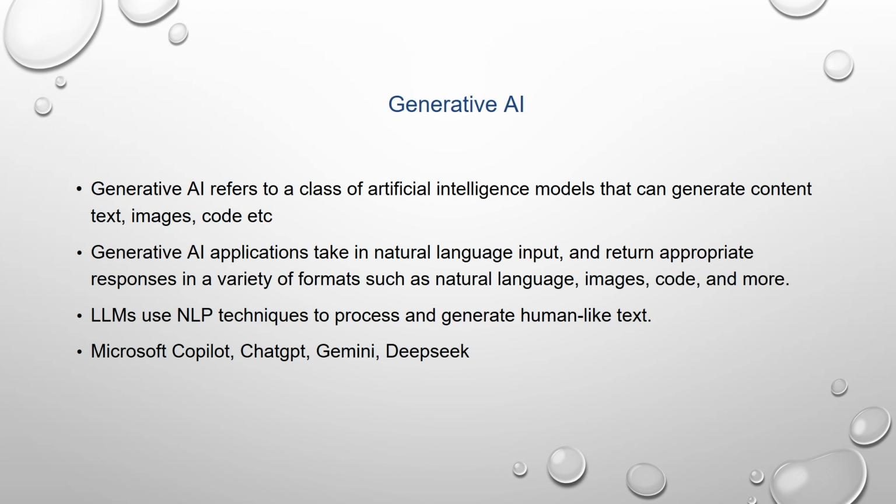The LLMs use natural language processing techniques to process and generate human-like text. Some examples of generative AI models are Microsoft Copilot, ChatGPT, Gemini, and DeepSeek. So it is a wide umbrella term where we use AI models to generate content. That is what generative AI is.